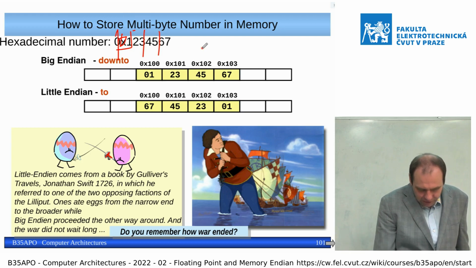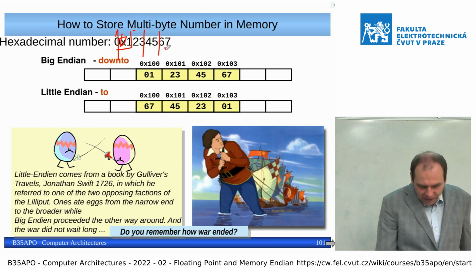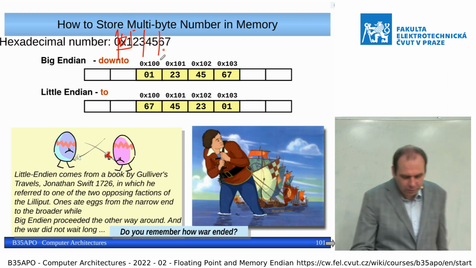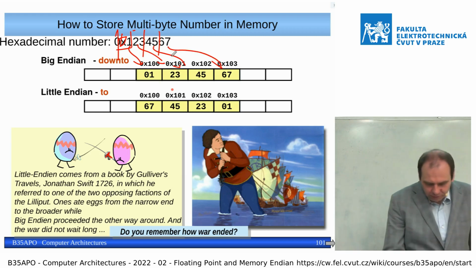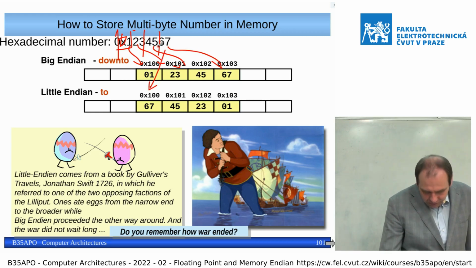So we have 4 bytes which we want to store, and one option is that we start from the most significant, and another option is that we start from the least significant.